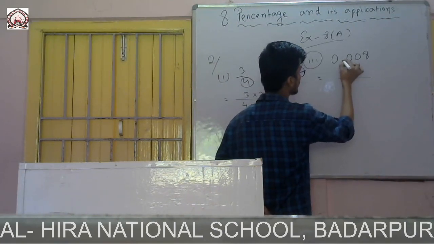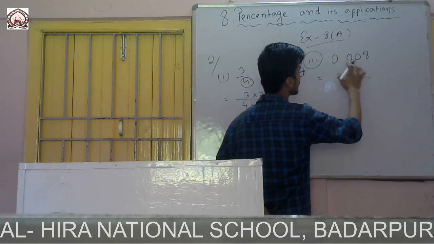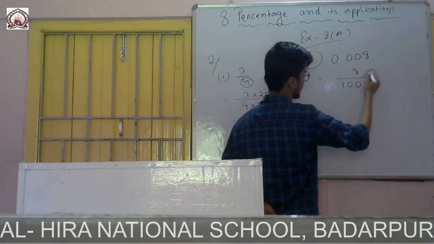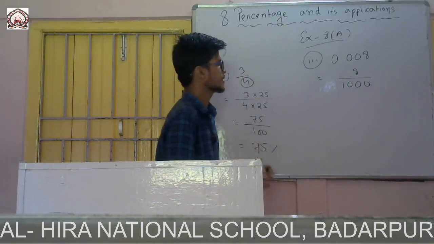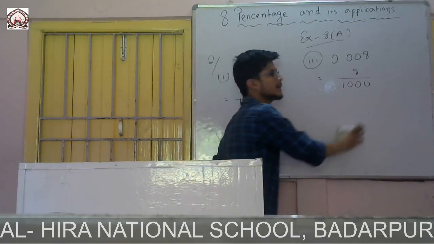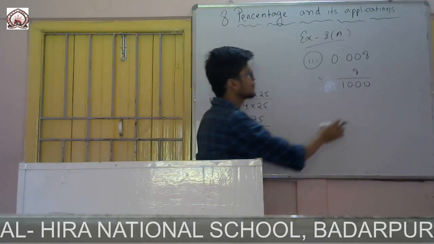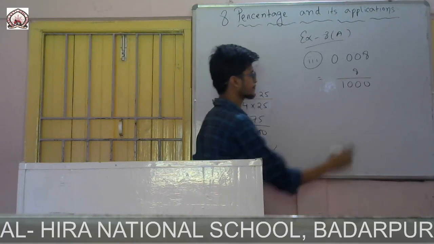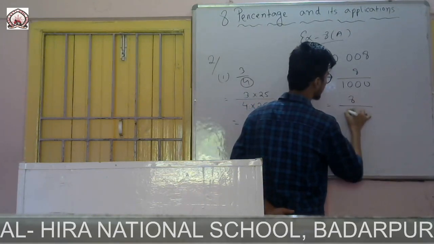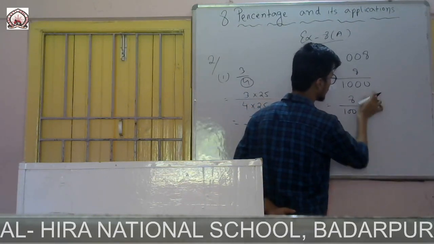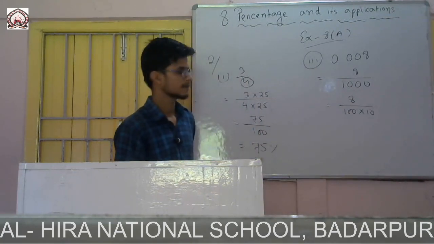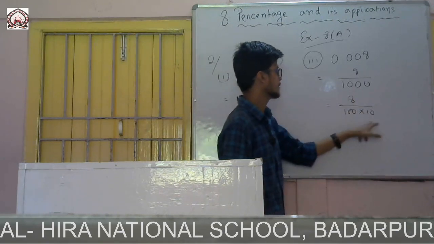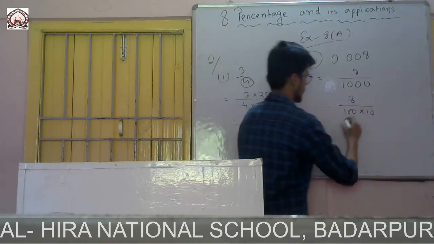In place of the decimal I put 1, and then after the decimal how many places are there? 1, 2, 3 places, that means 1000. Simply removing the decimal, it is 8 by 1000, but 8 by 1000 I cannot write as a percentage, so I have to make the denominator 100. I can write it as 100 into 10. If I multiply, I will get this 1000 again.